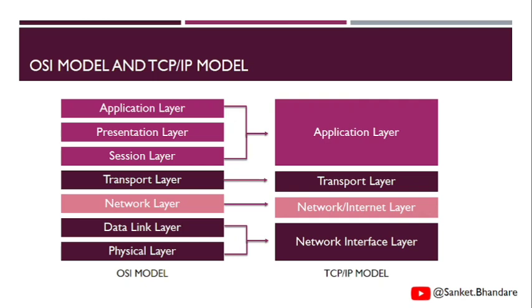This layer handles encryption, compression, and translation of data into a standard format that devices can read. The protocols and formats used at presentation layer are SSL, TLS, JPG, GIF for image data, ASCII, UTF-8, UTF-16 for text input data, and MP4, MKV for video files.